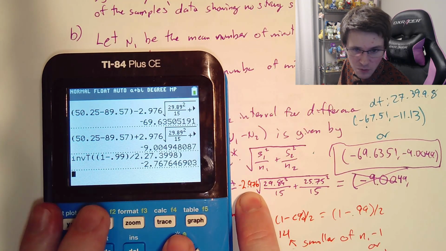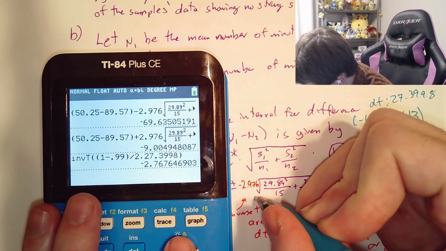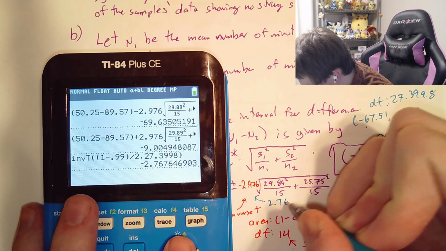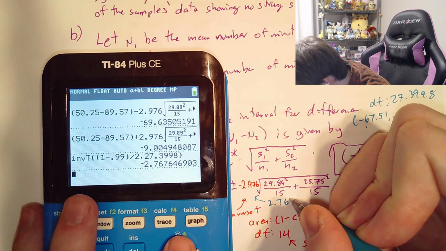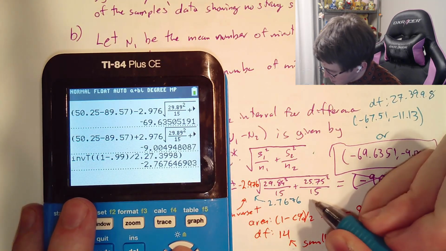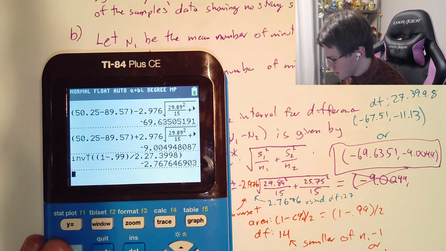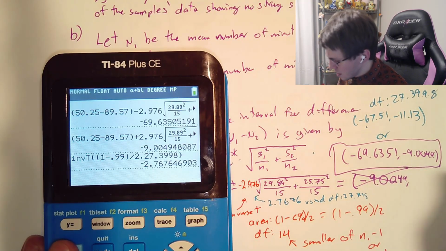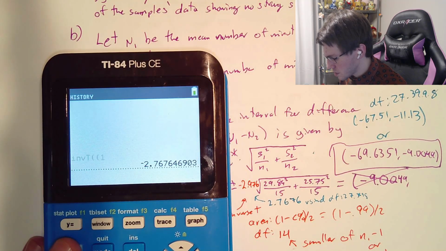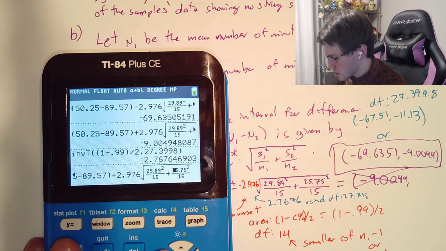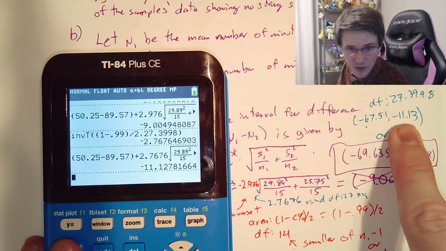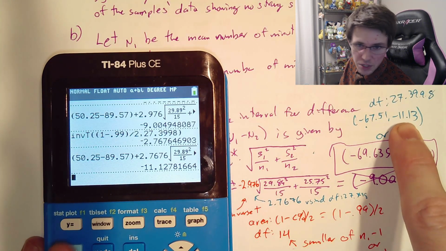So maybe just write 2.76 using the DF of 27.3998. If I go back to the one I did earlier and change the 2.96 into 2.76, you'll notice I get that same exact negative 11.13 that we did for the other one.